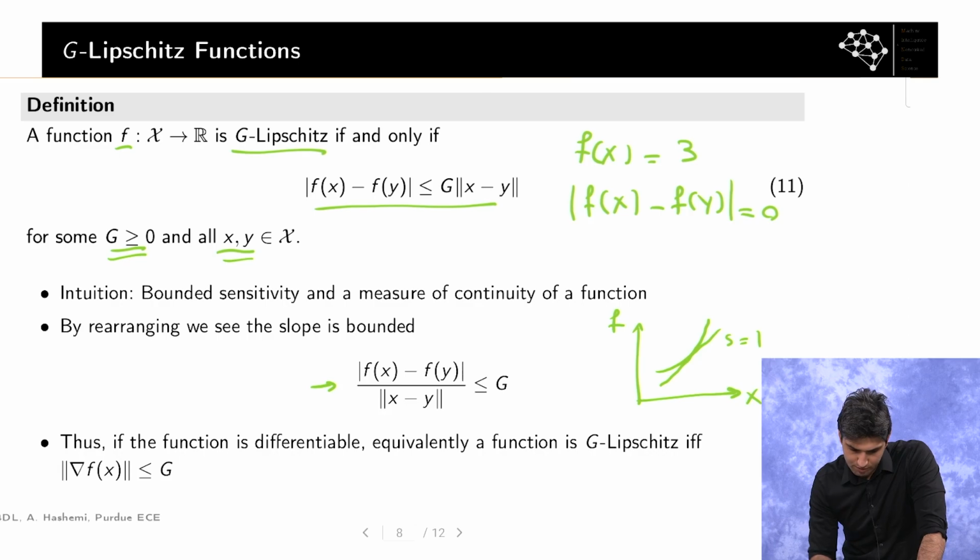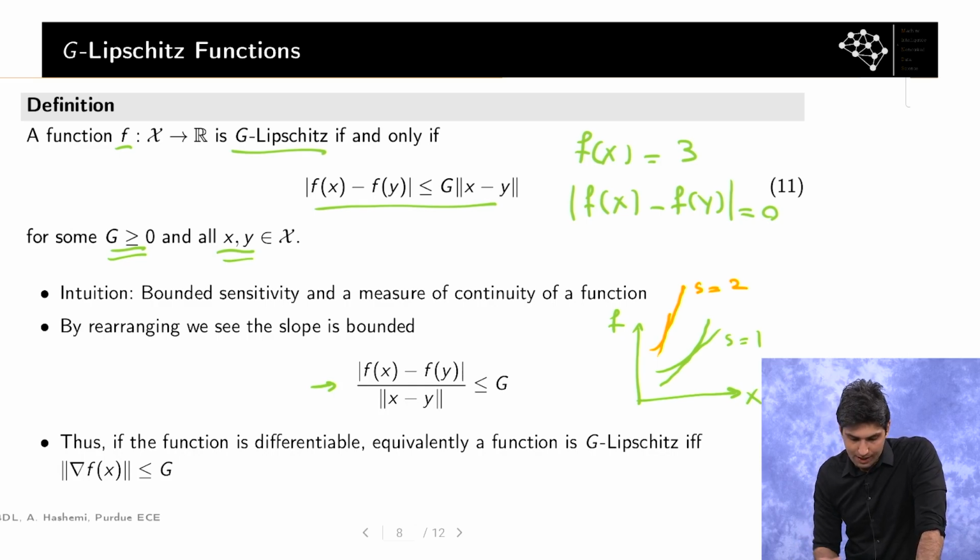But if I consider a function that is more sensitive with respect to the changes in the input, let's say this is my function, you expect to see a larger slope. For instance, here the slope is equal to 2. So another way to think of Lipschitz is that it provides a bound on the slope, and the smaller it is, the smaller the slope, and therefore the less sensitive the function is with respect to the changes in the input.